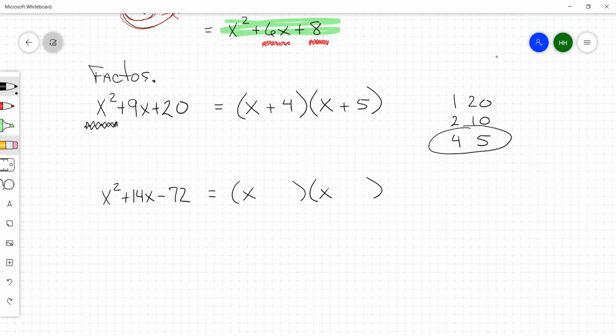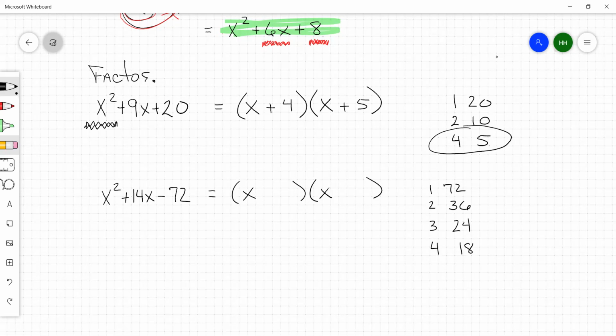All right, so the factors of 72, we got a 1 and a 72. And we got a 2 and a 36. And I don't know if 3 goes into 72. Maybe it does. 24 times. We got a 3 and a 24. And then we got a 4 and an 18.